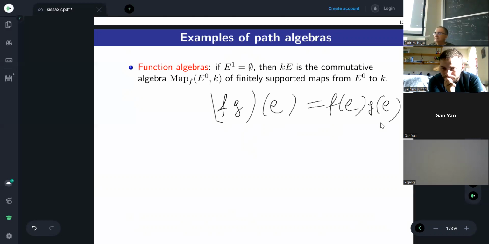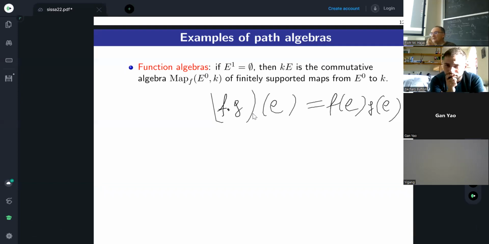The right-hand side is a product in K, a product of elements of the field K. That's by evaluation, and it's a triviality to check with this concatenation recipe.